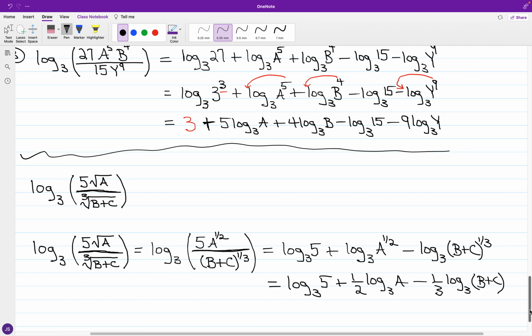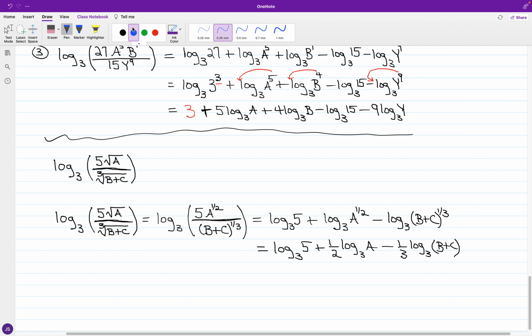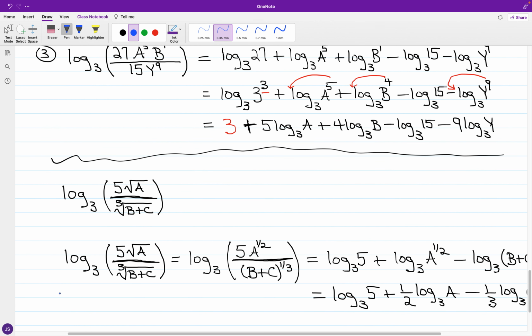Okay. Now, another situation. Just kind of flexing the muscles, that we have converting from radicals to non-integer exponents.